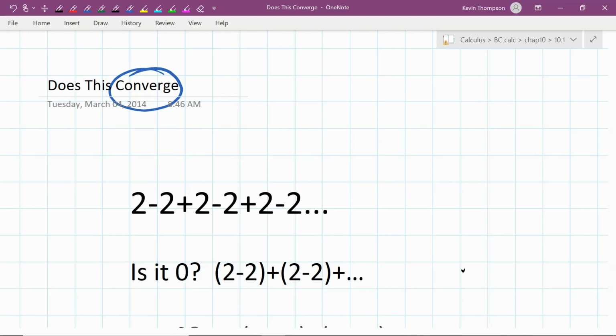Is that the only grouping that's possible? Or would a different grouping get a different answer? Can you think of a different grouping that would say, maybe it's not 0, maybe it's something else? Try that at your table. Think about that. Is there a different grouping?